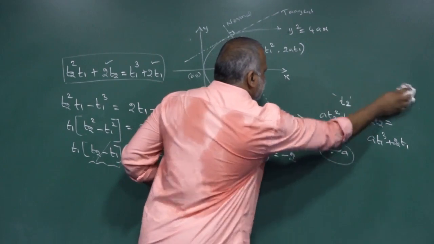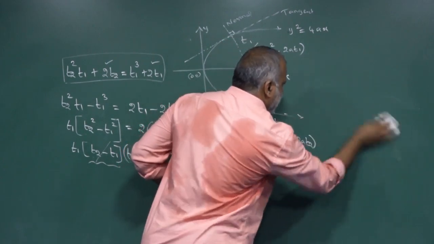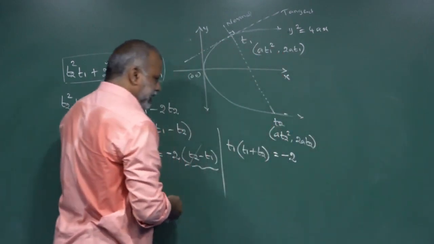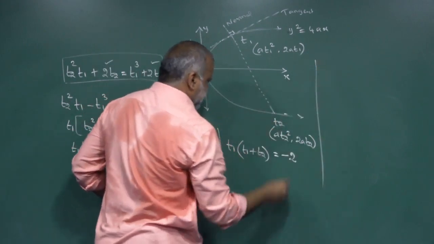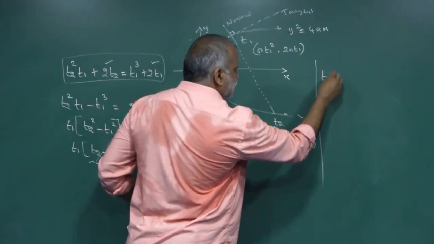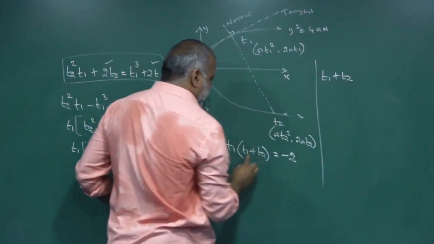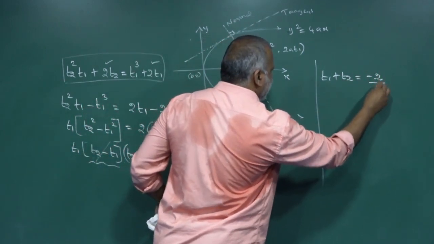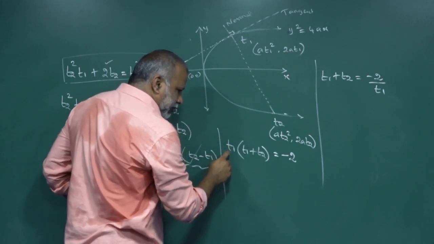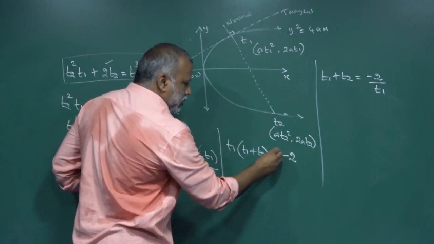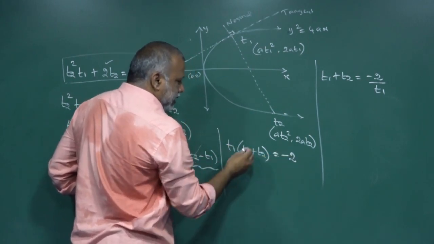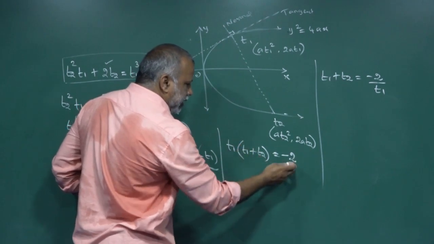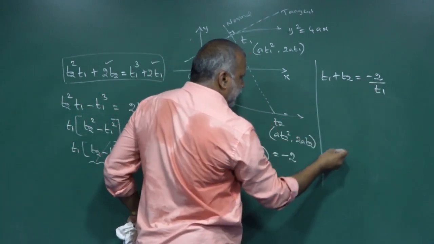Now it can be simplified. See here. So t1, I am keeping this factor (t1 plus t2) here. Then it can be written as minus 2 by t1. That means this multiplication t1, so we are getting the division here. (t1 plus t2) will be equal to minus 2 divided by t1.